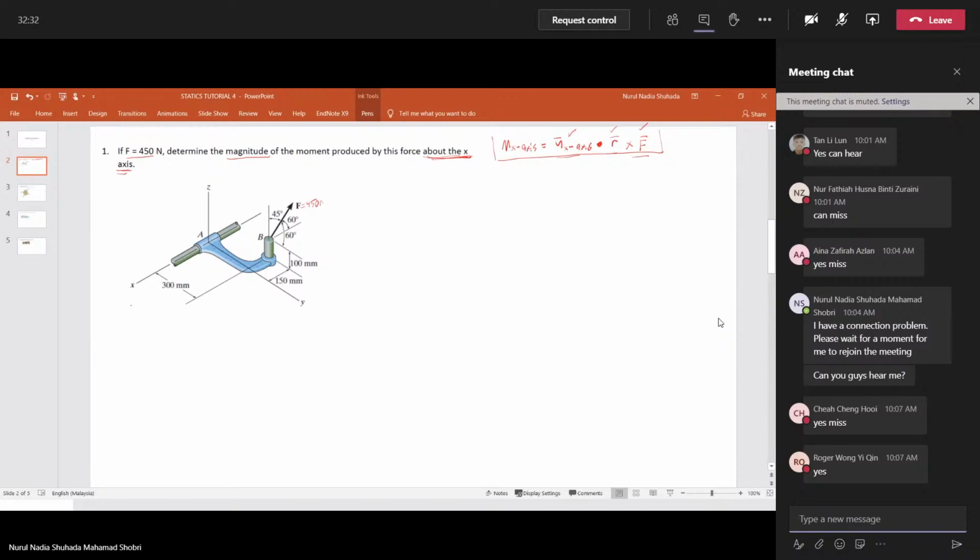That means you have to find the unit vector along the x-axis. In this case, the unit vector along the x-axis is j.